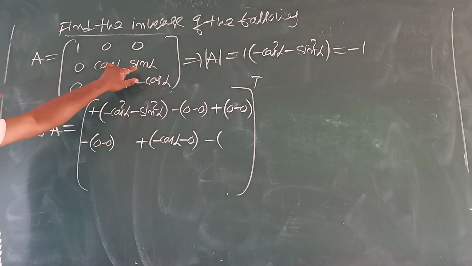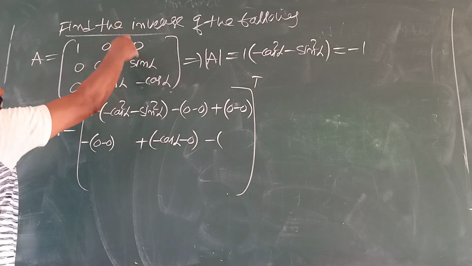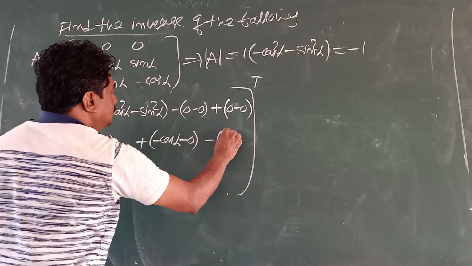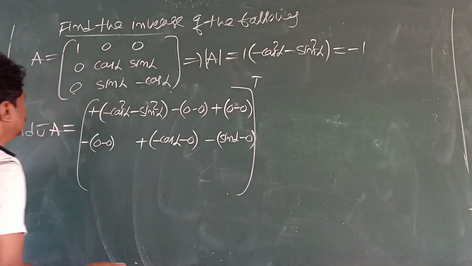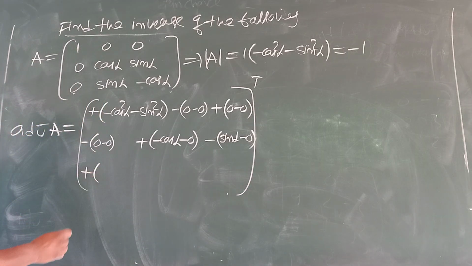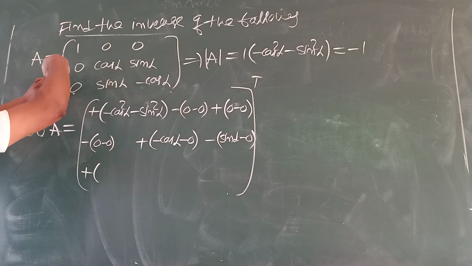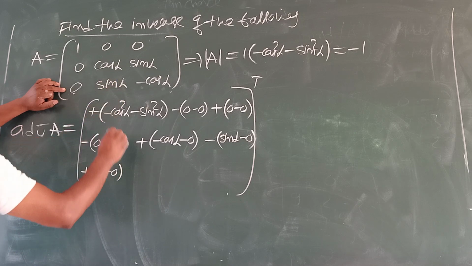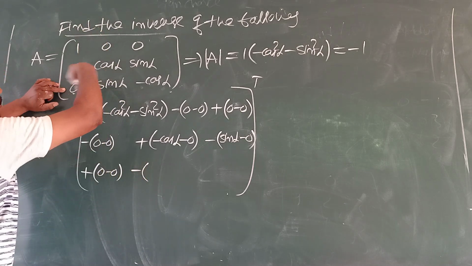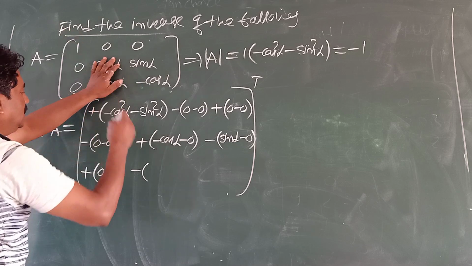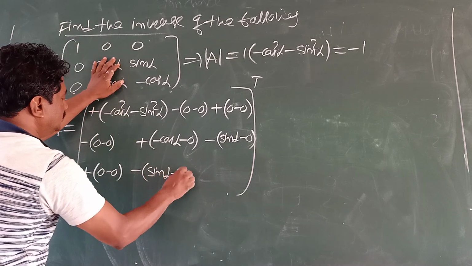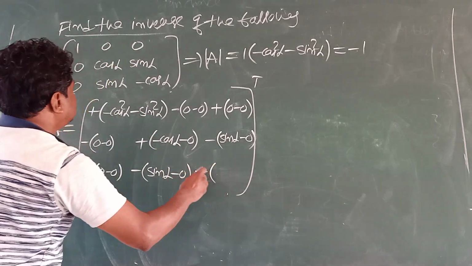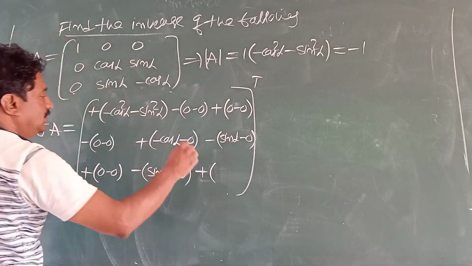Minus, come to this last element, column row sin alpha minus 0, this one plus, column row 0 minus 0, this one minus column row sin alpha minus 0, column row sin alpha minus 0 plus column row cos alpha minus 0.